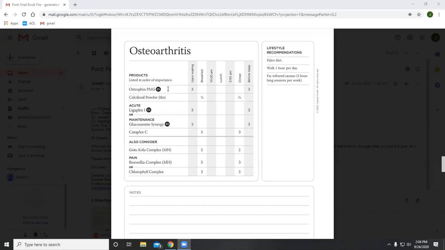The last point I wanted to make about this has to do with, if I can find it here.